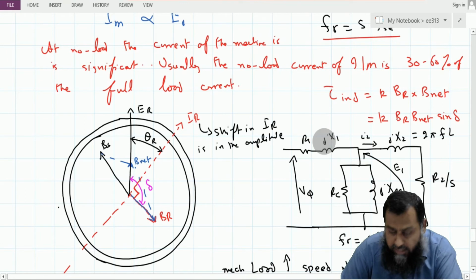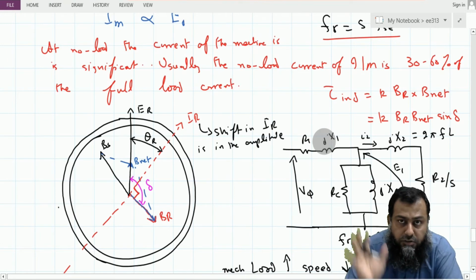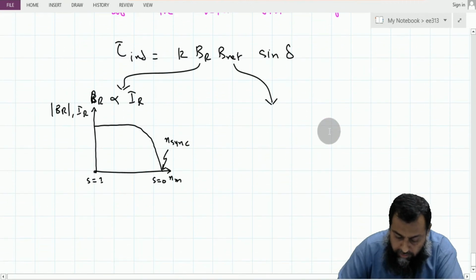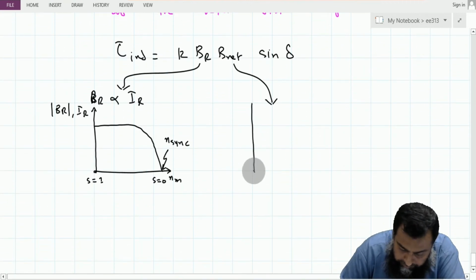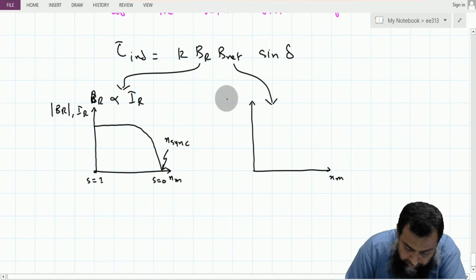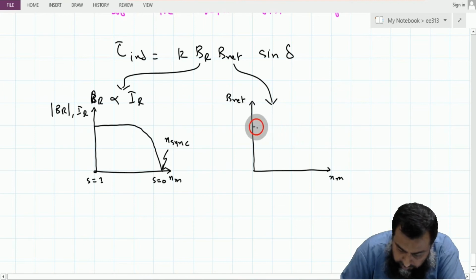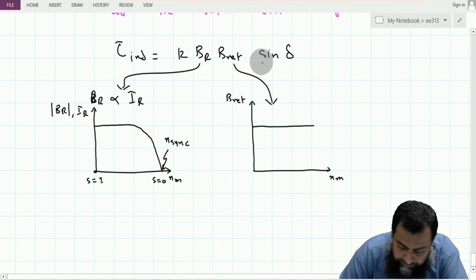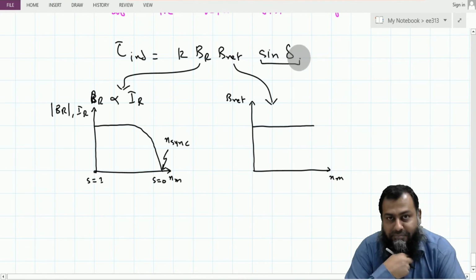Therefore we can say that the net magnetic field inside the machine stays constant, so we can plot it as a function of the speed N_m, and here we have the B_net, and because this is constant, it's actually a constant line. The last thing is this sin delta, right?